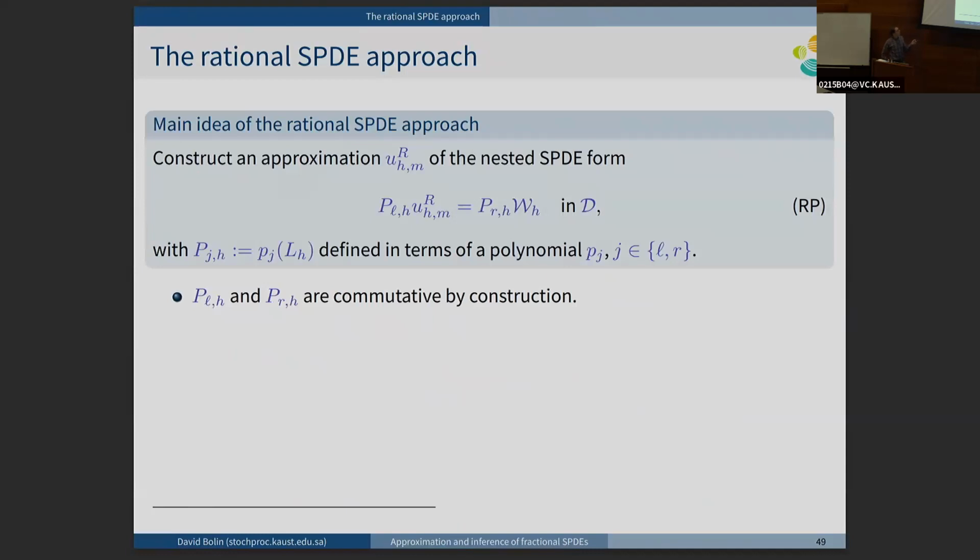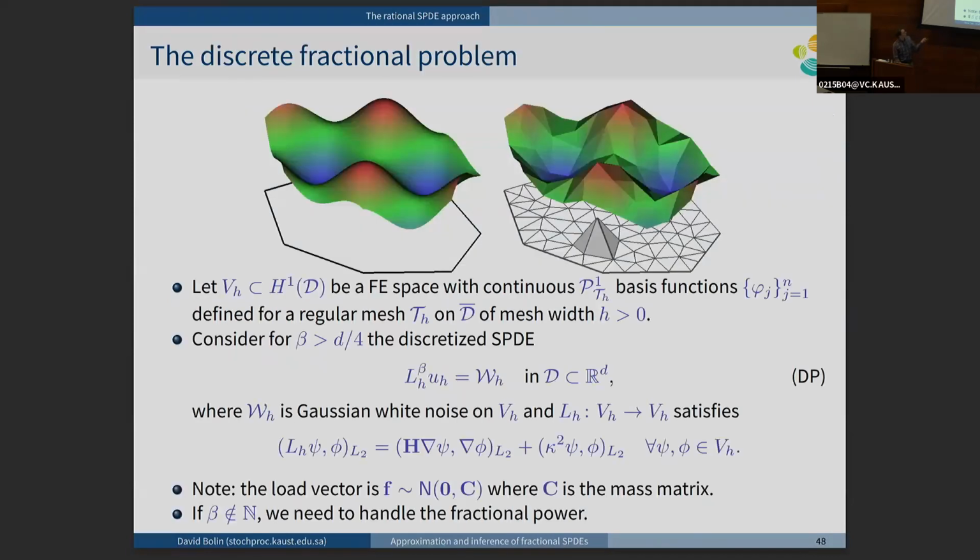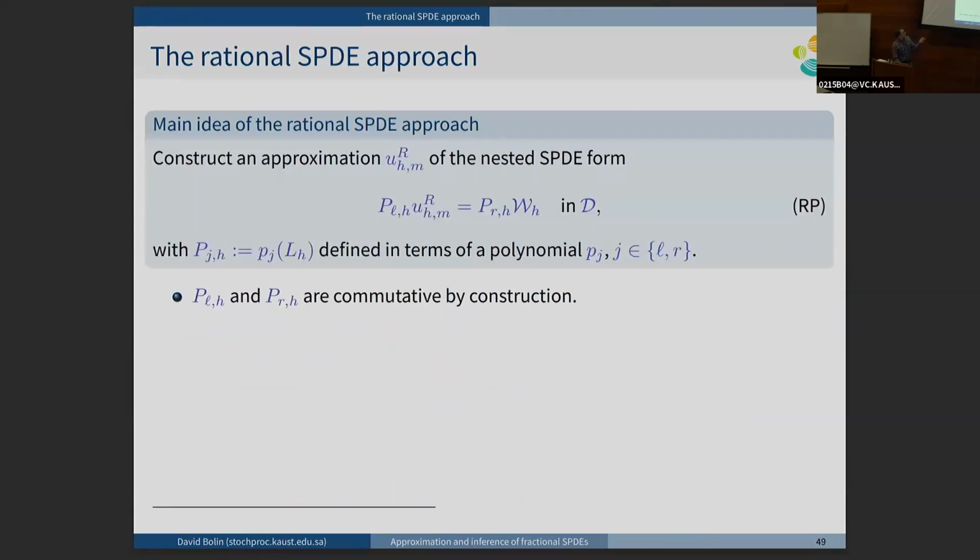So here, this is again in our finite dimensional space V_h, but instead of looking at this equation, where we have this fractional operator, we look at this equation where P_L and P_R are just two polynomials evaluated in our operator L_h. So since these are polynomials, they are commutative by construction.